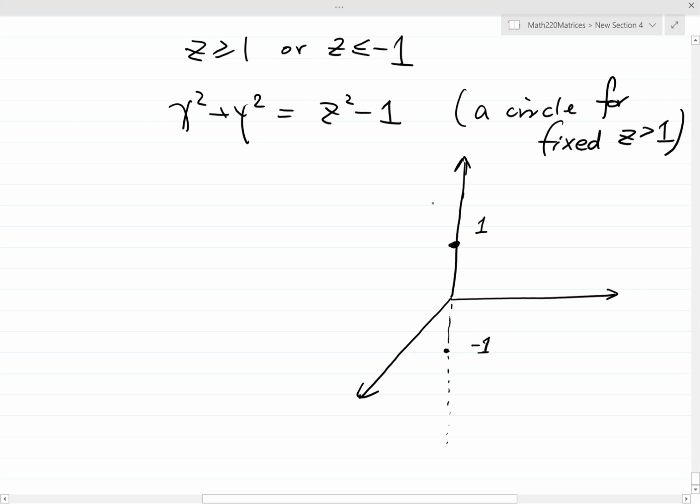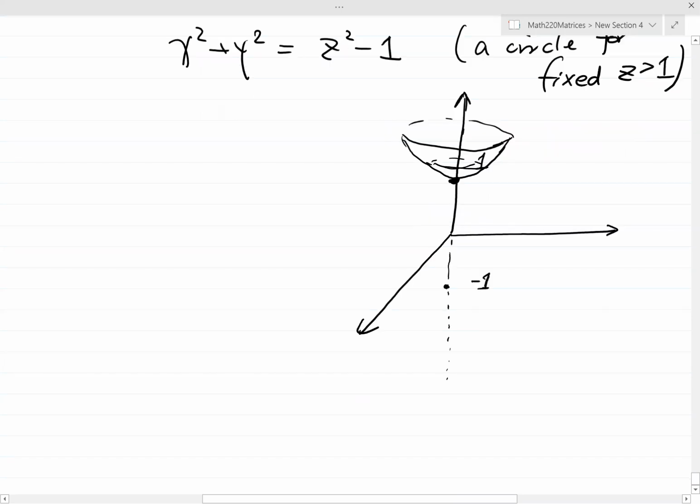It looks like this. So this is one branch, and of course we have another branch, another piece. It should be symmetric.